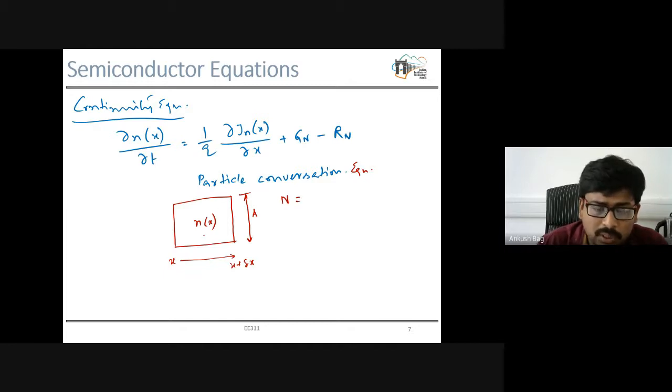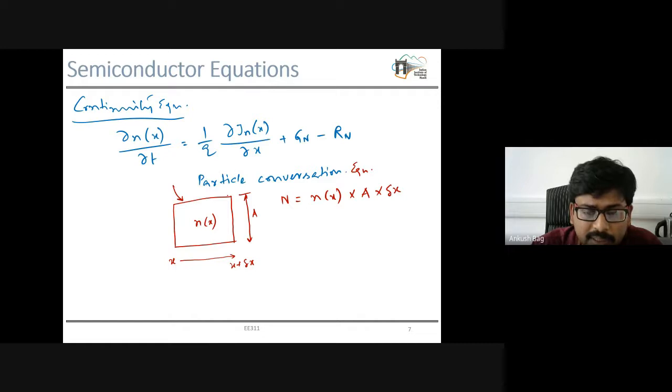So the total number of electrons within this semiconductor is simply the electron density per centimeter cube multiplied with the area as well as this distance del x. So this is the total number of electrons available within this confined space we are considering.